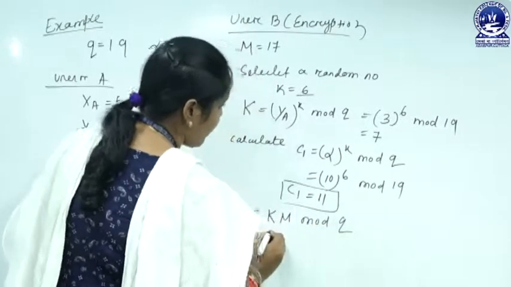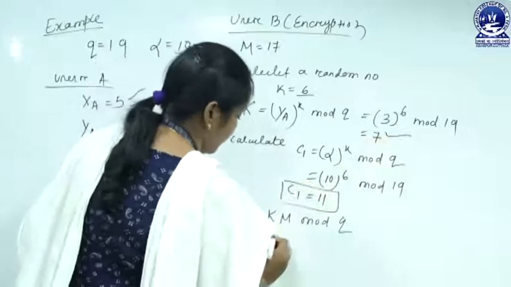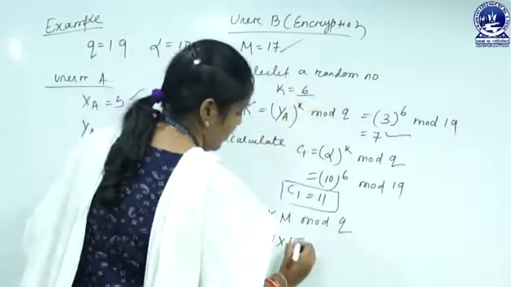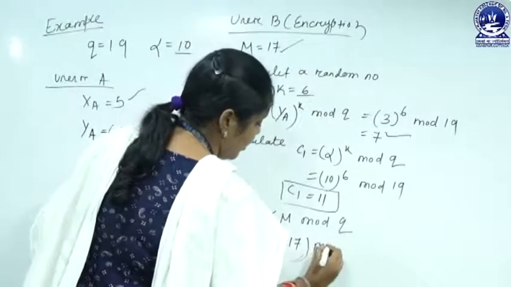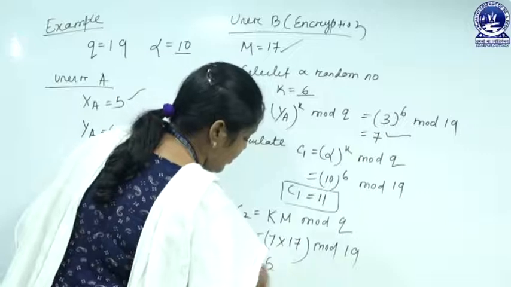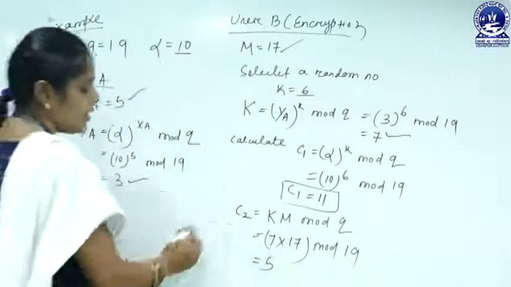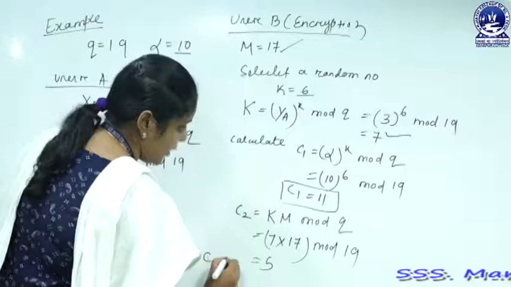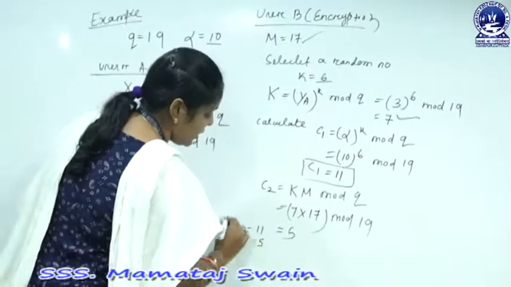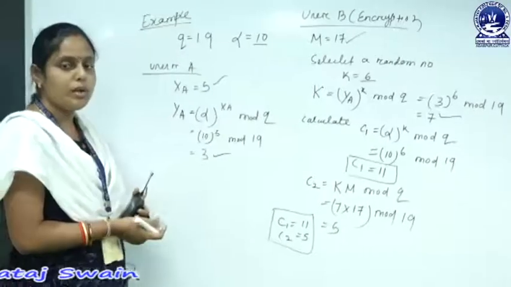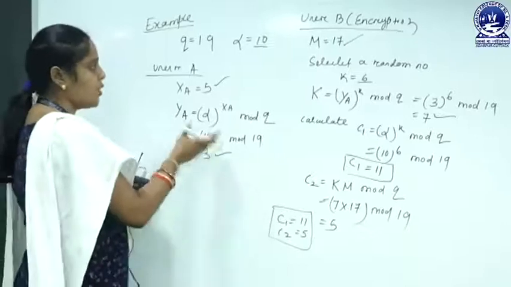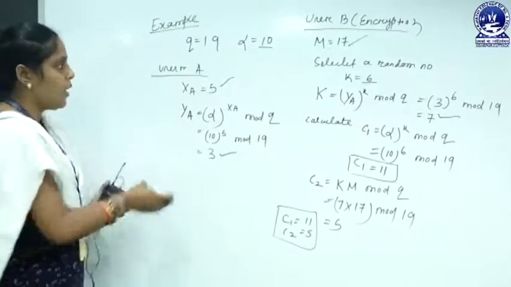Here the value of K is 7, 7 into the M value 17, mod 19, that is equal to 5. That means here C1 is 11 and C2 is 5, and these C1, C2 are nothing but the ciphertext which is transmitted to the user A.